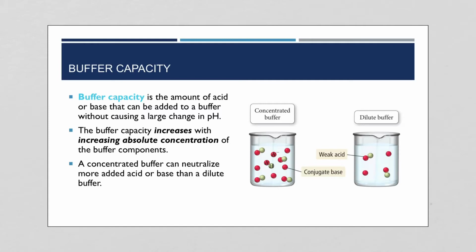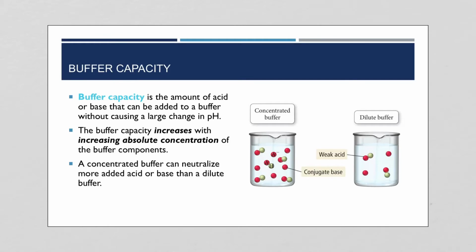So we're going to talk about capacity first here, because it's probably the most straightforward. Again, the buffer capacity is the amount of acid or base that can be added to a buffer without seeing a large change in its pH. And not surprisingly, the capacity increases with increasing absolute concentrations. So the idea is if I have 0.1 molar of my weak acid, I have a certain capacity.